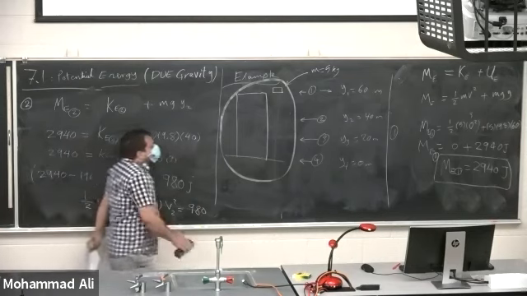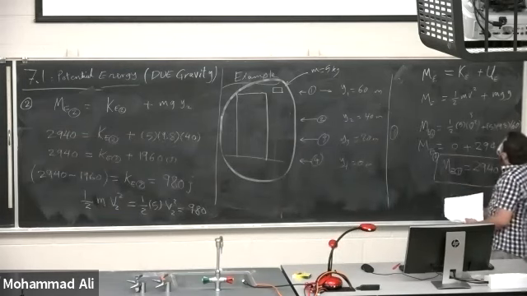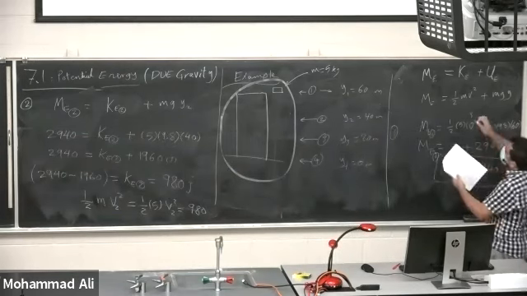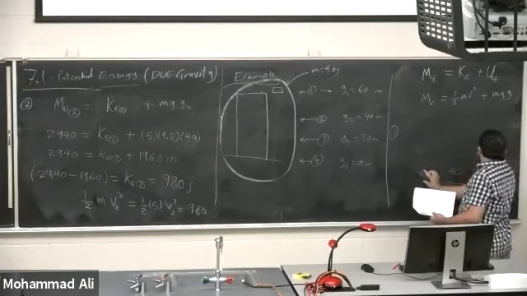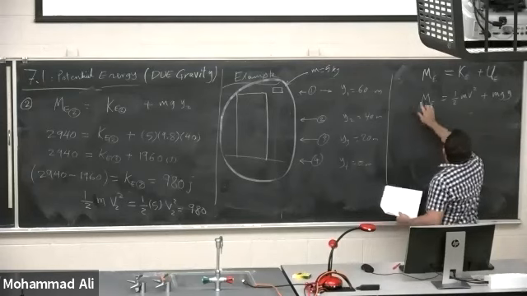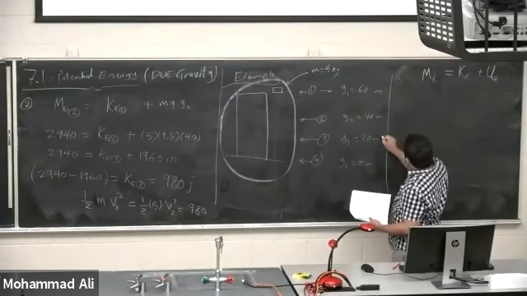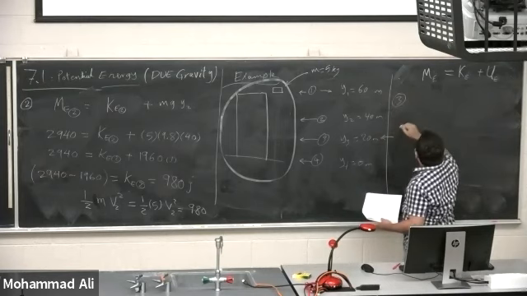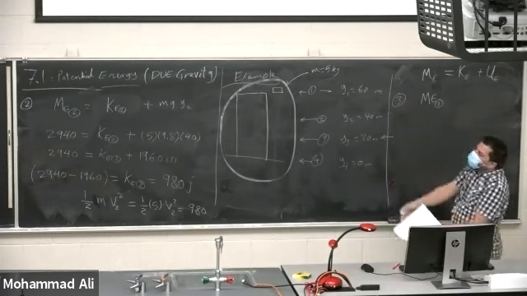What about the third point? We will use the same approach. We just need to change the point. Now we are here. The mechanical energy at point number 3 is the same.